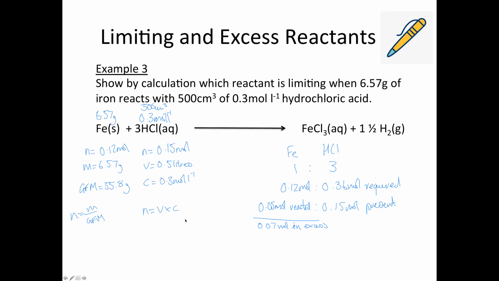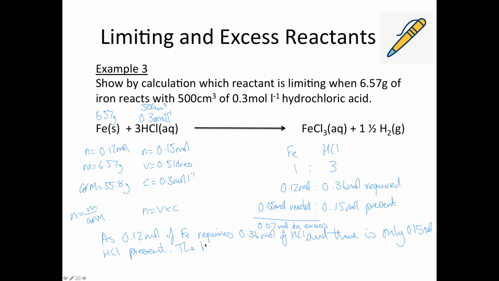Okay, so again, if we write our sentence as 0.12 mole of iron requires 0.36 mole of HCl, and there is only 0.15 mole HCl present.